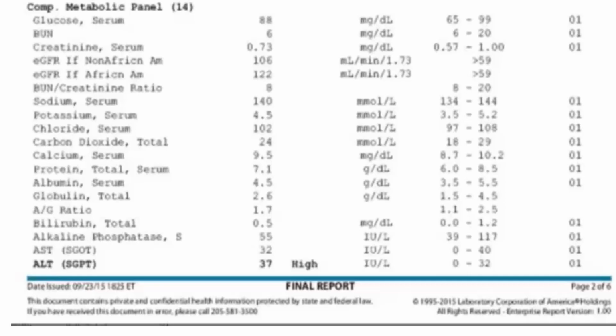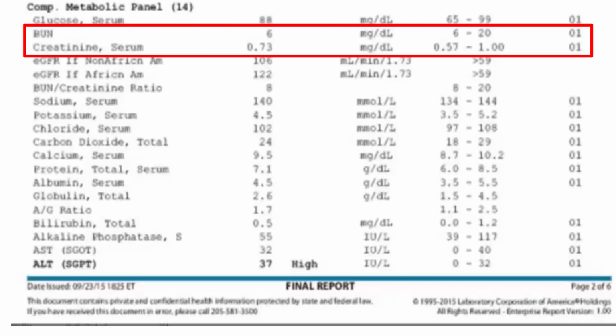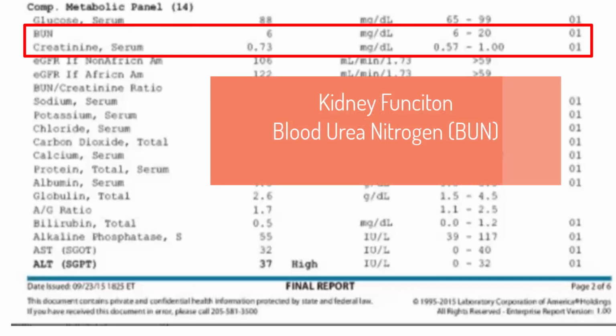The next two values, the BUN and the creatinine, these are both measures of kidney function. BUN stands for blood urea nitrogen. I'm not going to go into exactly what that is, but it's essentially a breakdown product of the hemoglobin that we talked about earlier. And it's something that your kidneys are responsible for filtering out of your body.